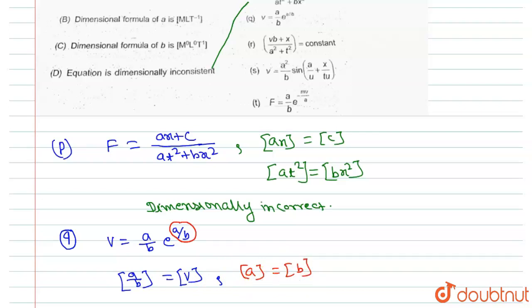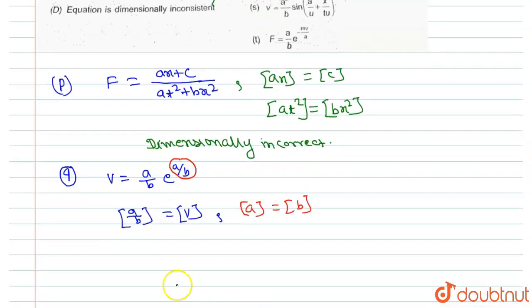But the dimension of a by b is equal to the dimension of velocity, and velocity dimension is L T to the power minus 1. So a by b can be written as M to the power 0 L T to the power minus 1.